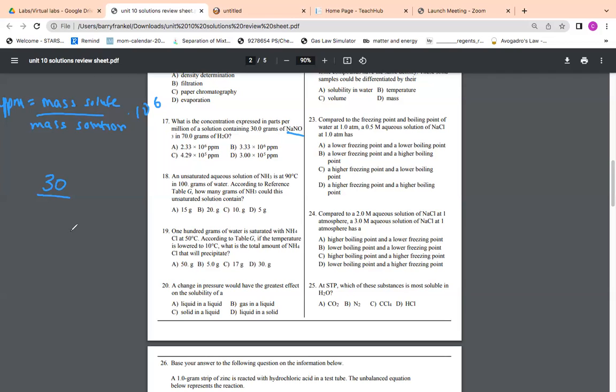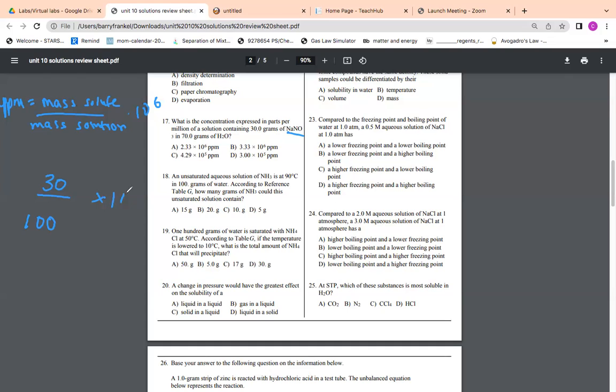Our solution has 70 grams of H2O. Okay, but they're saying 70 grams of H2O. They're not saying 70 grams of solution. H2O is just the solvent. So here you have to add the solvent to the solute. So the total solution mass is really 100 grams. So we can just simplify this and say 100 grams.